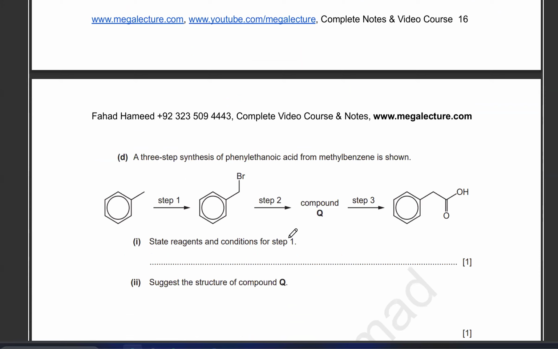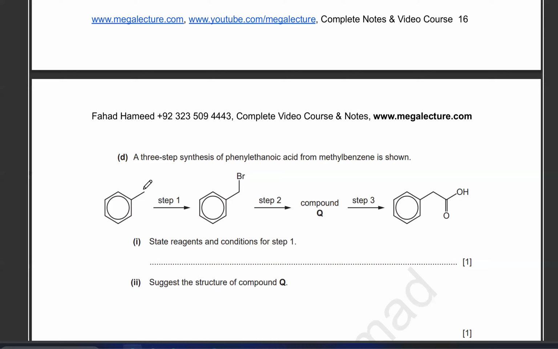State the reagents and conditions for step one. Now that's tricky. You've studied this in AS. Step one, he's talking about step one. Do you remember when the bromine gets added to the carbon chain? It's not getting added to the benzene. So this is not electrophilic substitution. This is not a reaction for benzene. Nothing is happening to benzene. How do you attach a halogen to a carbon chain? What was that reaction?